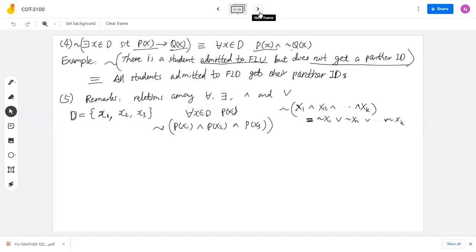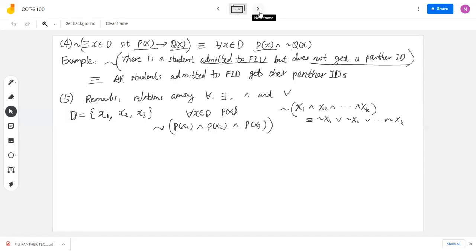De Morgan's law generalizes from the and of two predicates to the and of an arbitrary number of predicates, and the same for the or of predicates. So in our case, we only need to worry about 3 predicates.